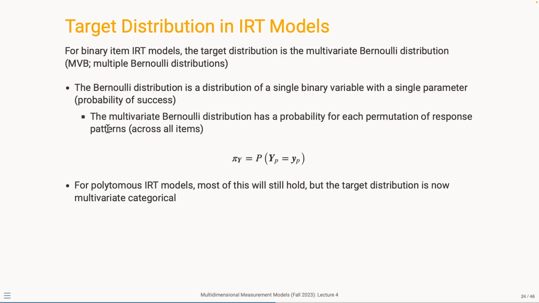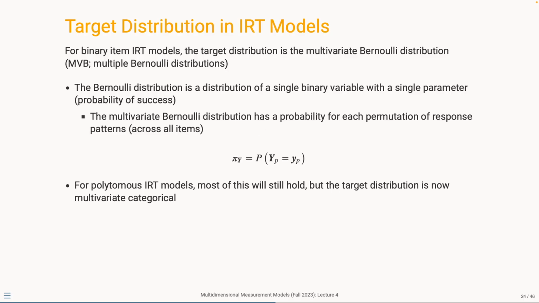And usually we use this for correct, incorrect scoring of item responses, right? Now watch as I generalize what we did in the last one to this one. The process is the same, the distributions change. So the multivariate Bernoulli, it turns out, has a probability for each permutation of a response pattern. What do I mean by that?